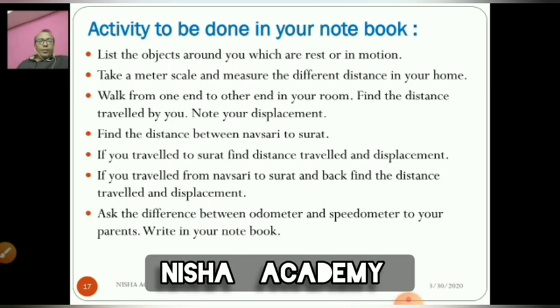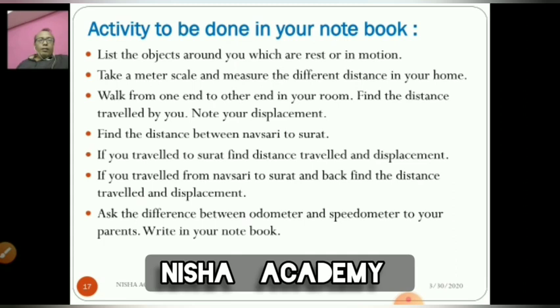Second activity for you is to take a meter scale and measure different distances in your home. Walk from one end of your room to the other end and find the distance travelled by you and note your displacement. Also note the time taken by you and then find out your average speed.